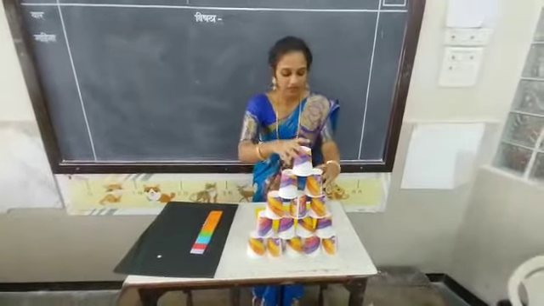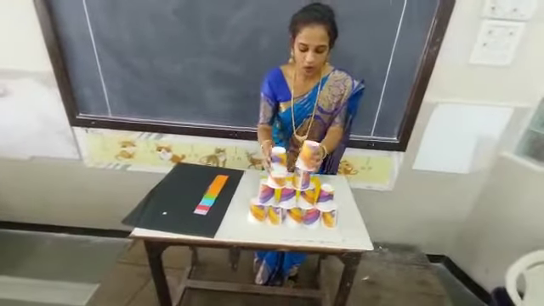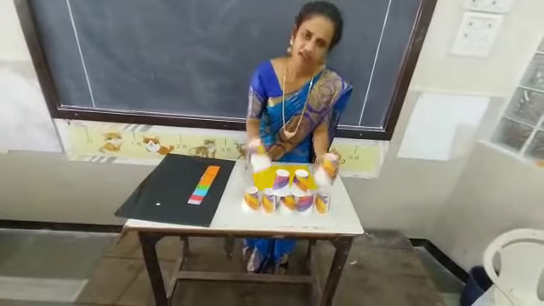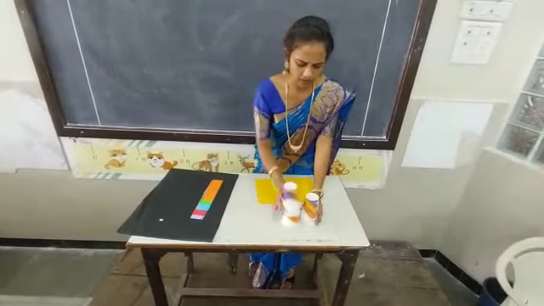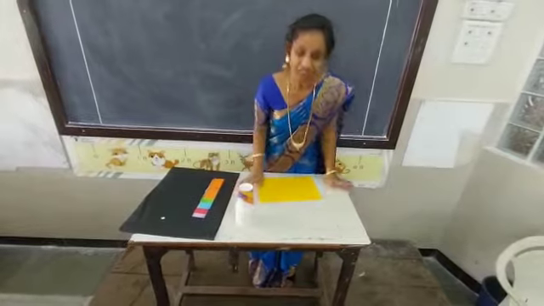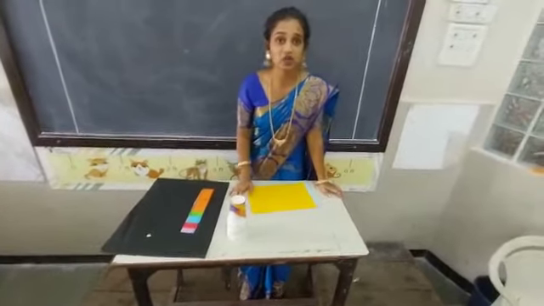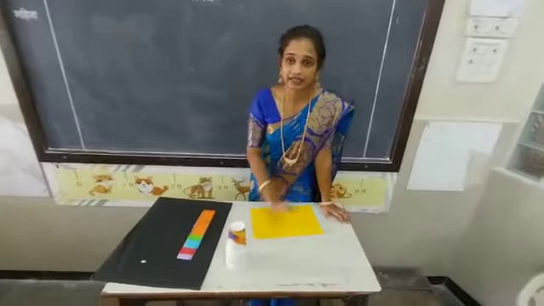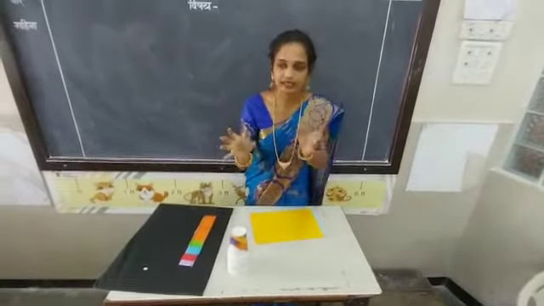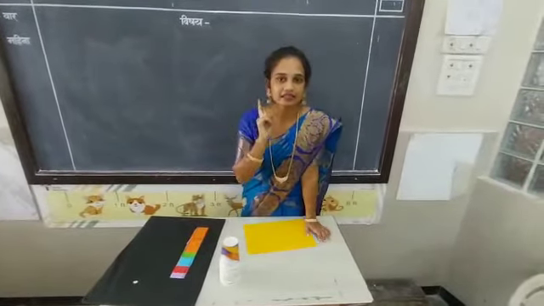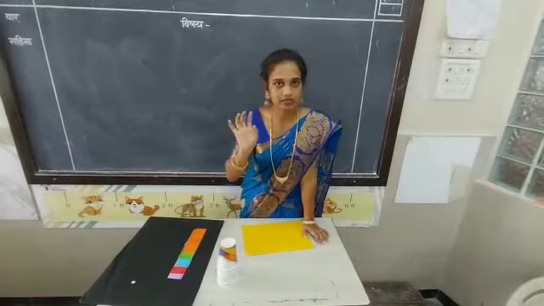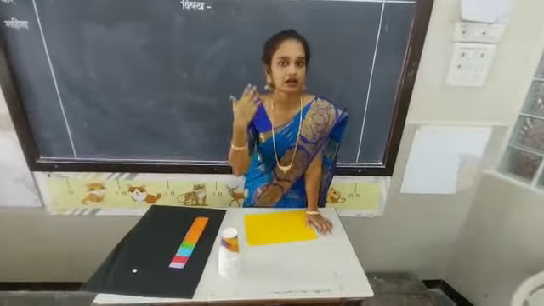If in general I write all these terms, can you see the connecting part between them? All the terms are in terms of A plus D, A plus 2D, A plus 3D. That is, D is added to the first term by the period number.